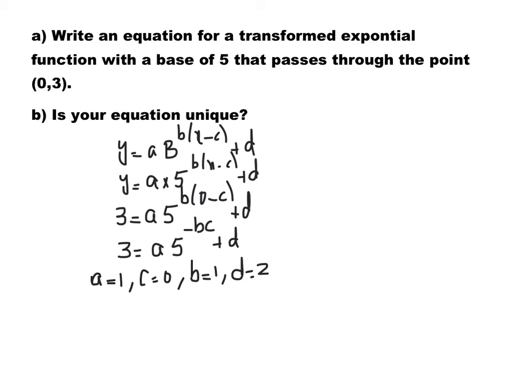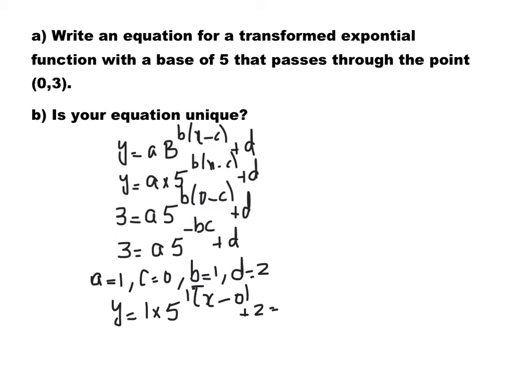Let's see what will happen to the equation. If I put these values in the original equation, I get y is equal to 1 times 5, we said the base is 5, exponent b is 1 again, times (x minus c, which is 0), plus d, which is 2.